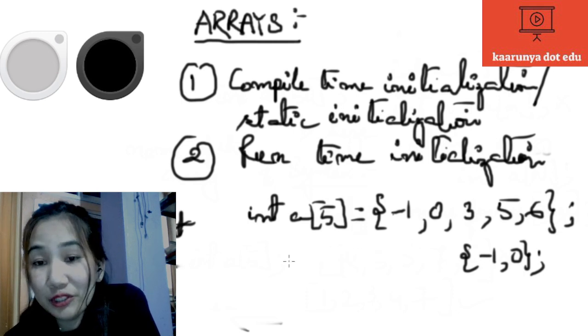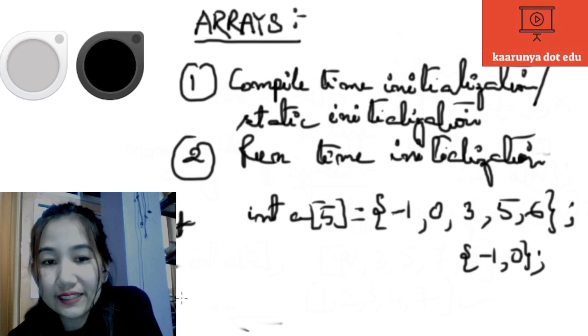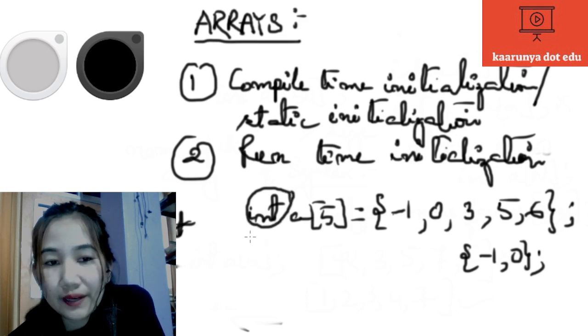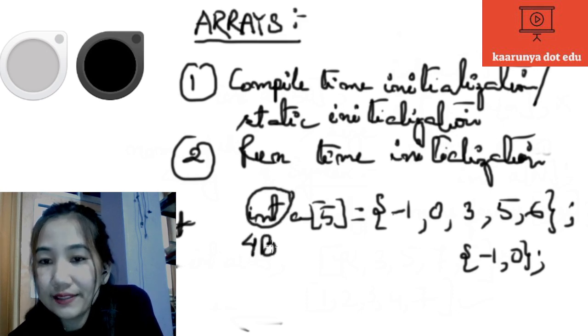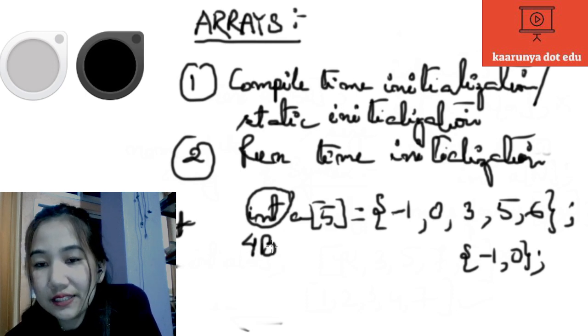So inside the memory, how it will be stored, let us see. We know that the integer data type occupies 4 bytes in the memory. Also keep in mind that the addresses inside the memory are in the hexadecimal format.